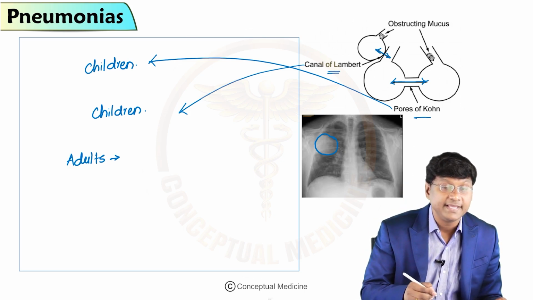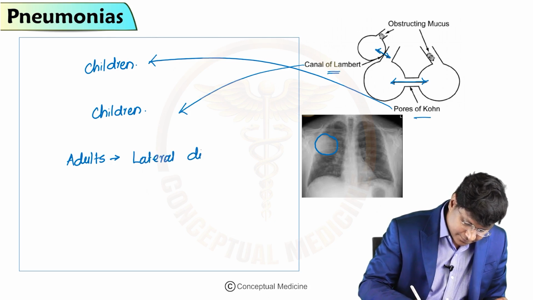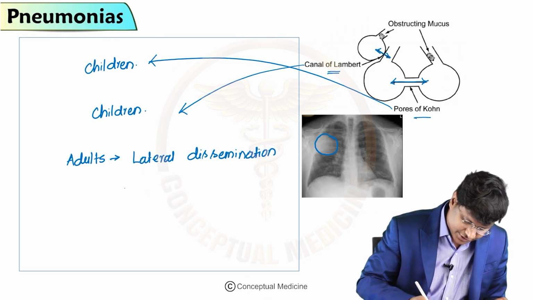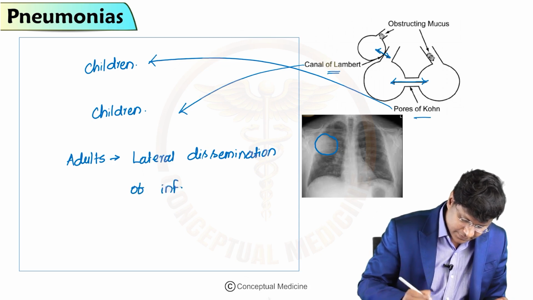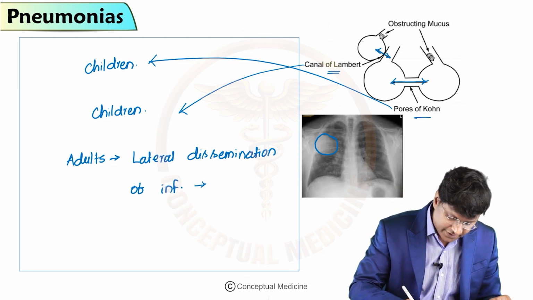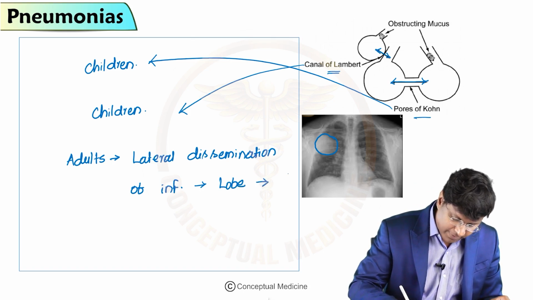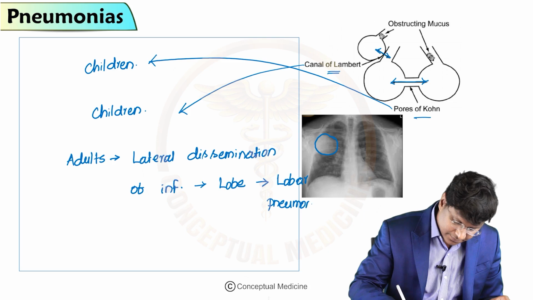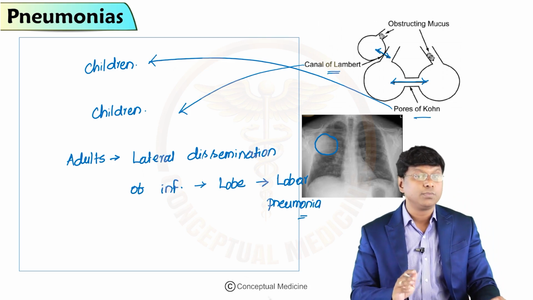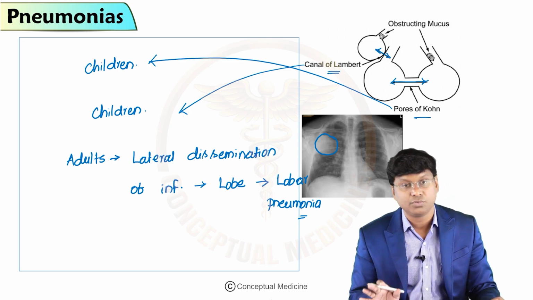In adults, there will be lateral dissemination of infection throughout the lobe, and that will lead to what is called lobar pneumonia. In children you have round pneumonia, whereas in adults you have lobar pneumonia.